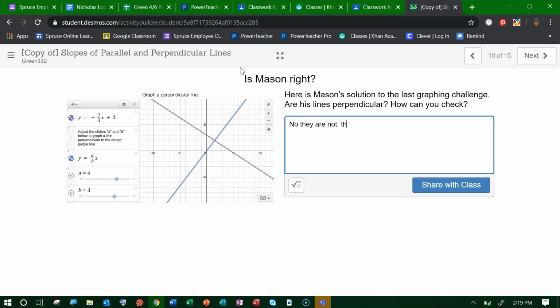The opposite reciprocal of -2/3 is 3/2. But his slope is 4/3.